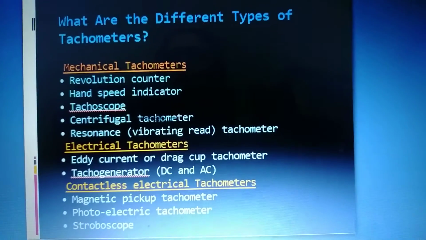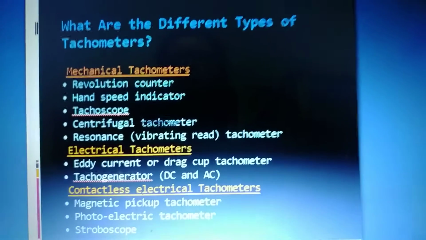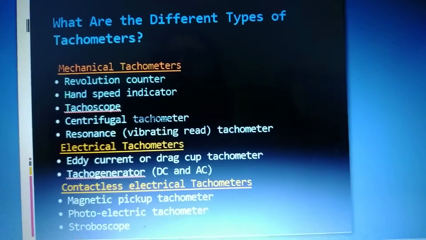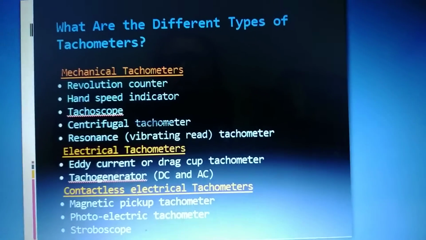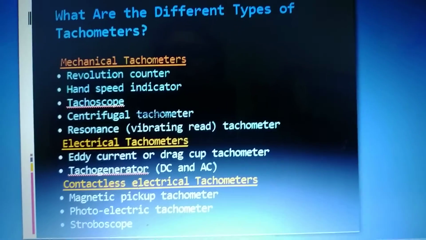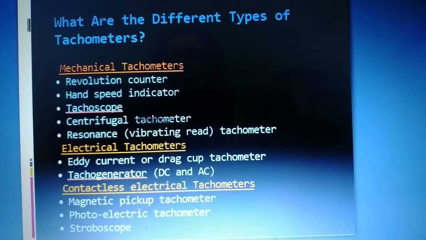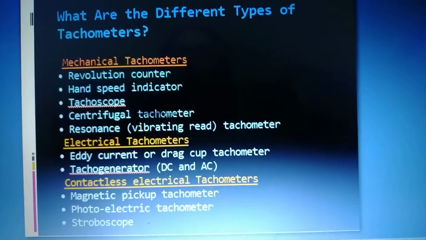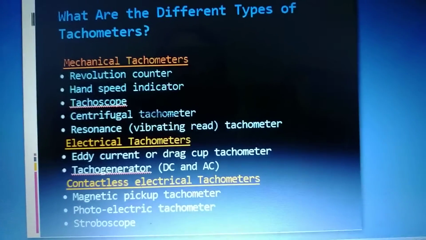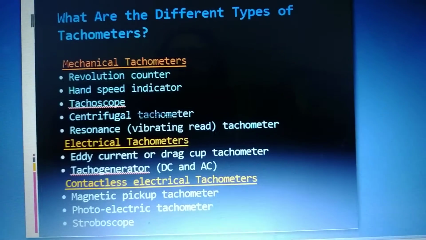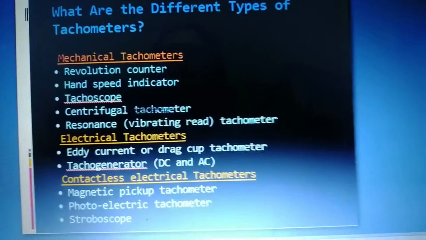Now let's move on to electrical tachometers, which are classified into different types. One is the drag cup tachometer or eddy current tachometer. In this arrangement we use an aluminum cup, drag type, shaped in a magnetic field.